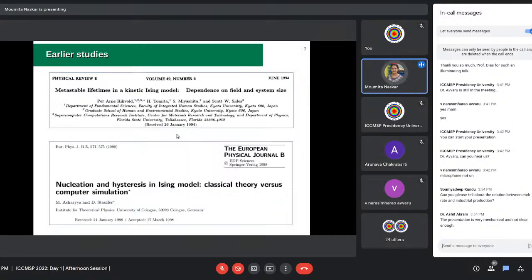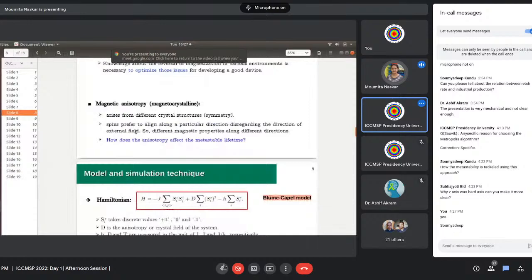Also, there are two other papers. In that paper, the authors studied the dependence of metastable lifetimes on field, system size, etc. in the kinetic Ising model.